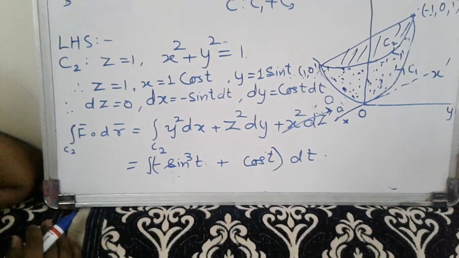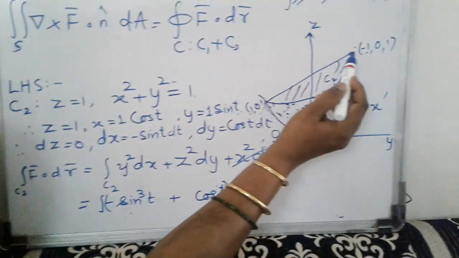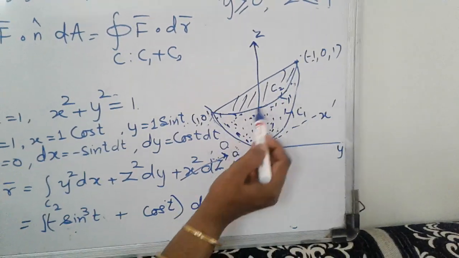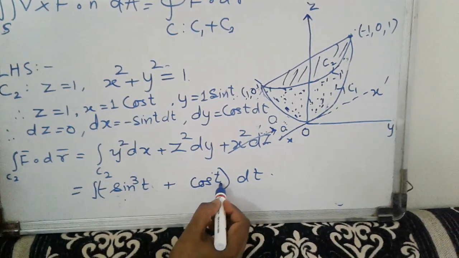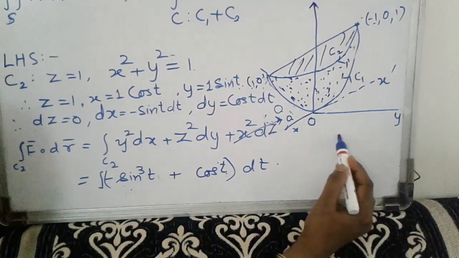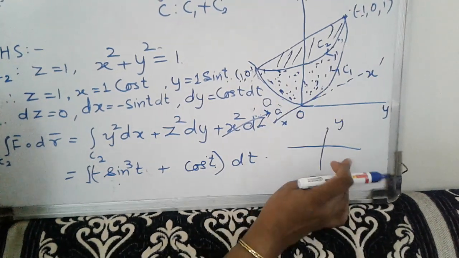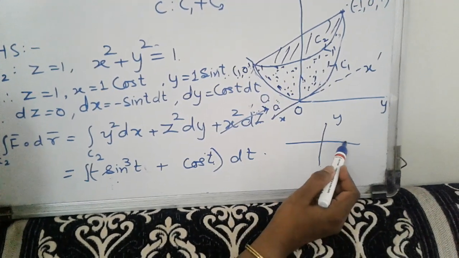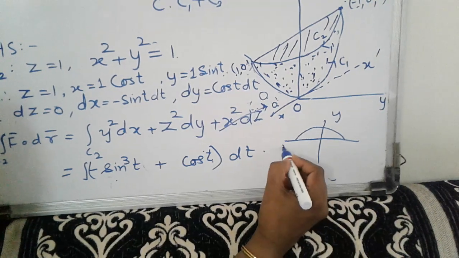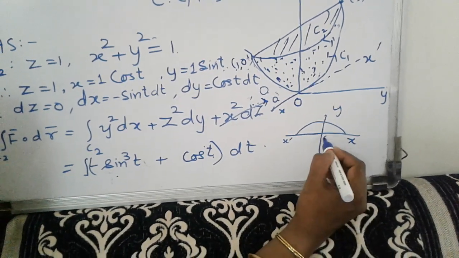Now the limits for t, as your path C2 starts from this point till this point. See this figure, this is y positive, this curve I am sketching in 2 dimensions, this is x dash and this is x, this is your origin.